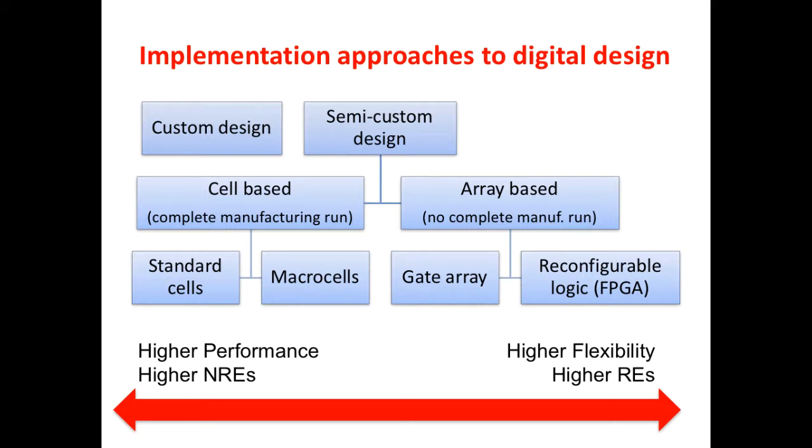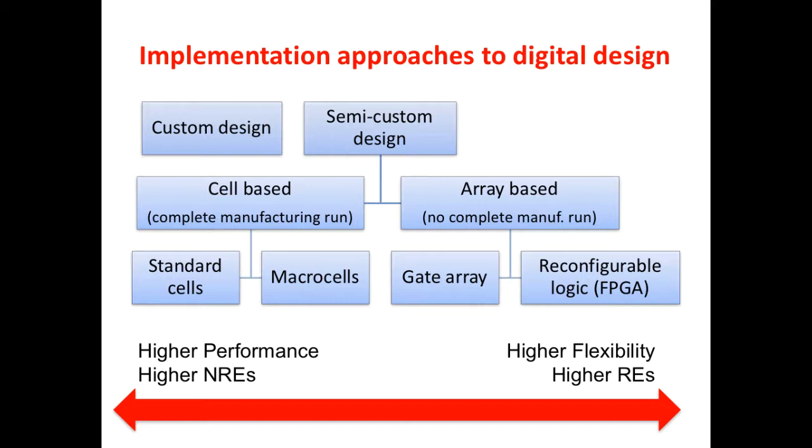On this side we have higher non-recurring expenses, because everything has to be done. So if we use, for example, the custom design, not only do we have to manufacture the chip completely, but we also have to design every single part of the chip. Of course, we design less and less here, and in those other situations we have less non-recurring costs, because also the masks have already been done, so we can save something from the non-recurring fabrication costs.